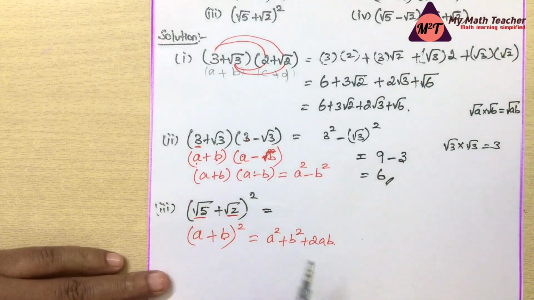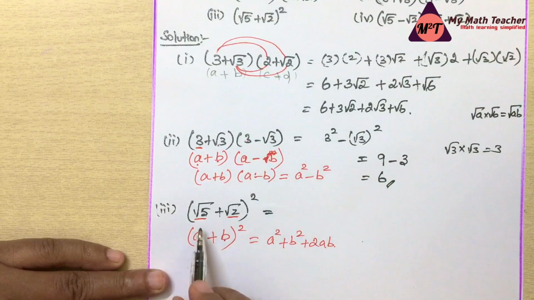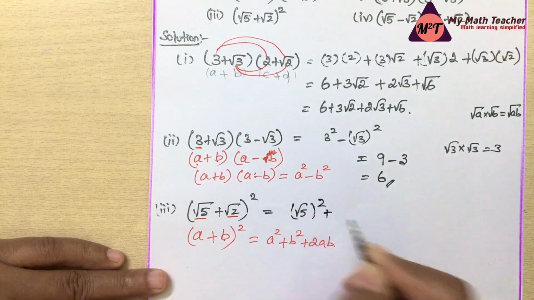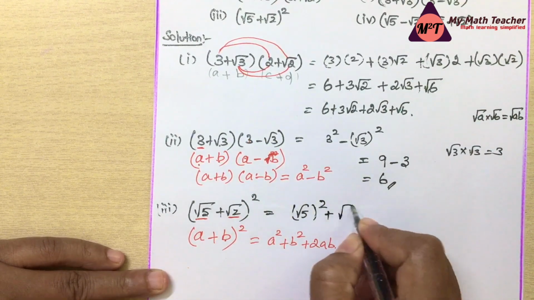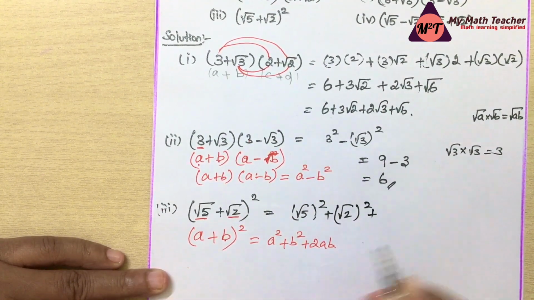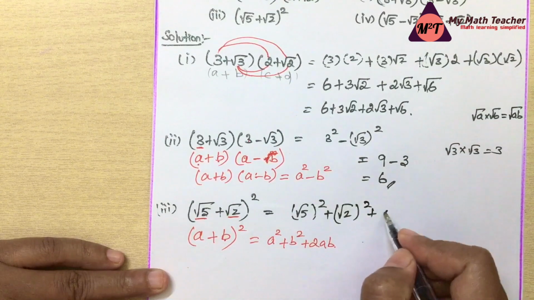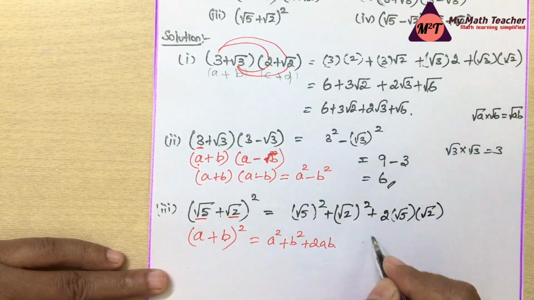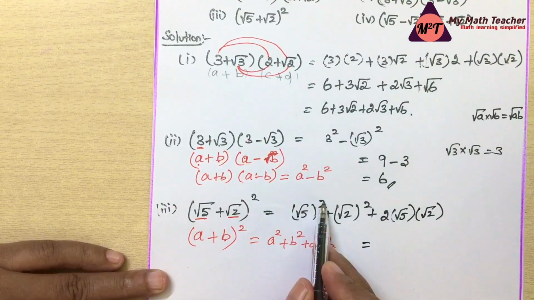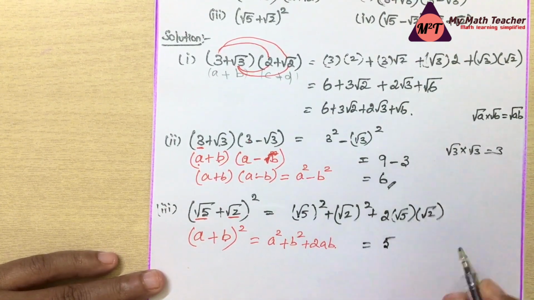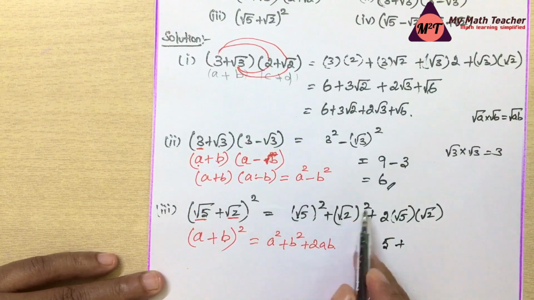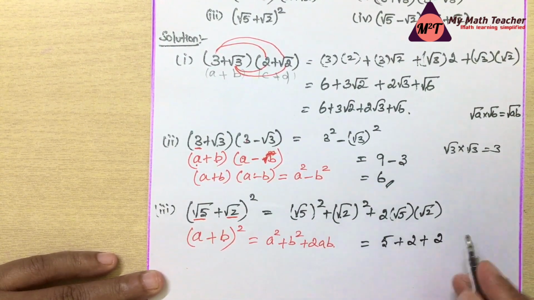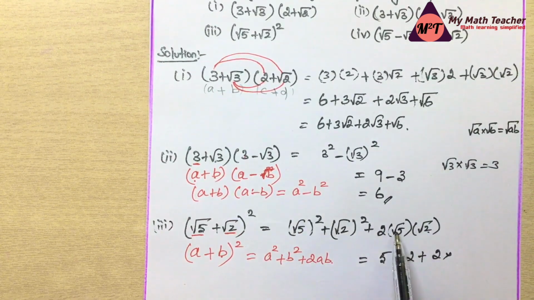Let us apply this identity: (√5)² + (√2)² + 2 into √5 into √2. That is equal to √5 into √5 is 5, plus √2 into √2 is 2, plus 2 into √5 into √2.